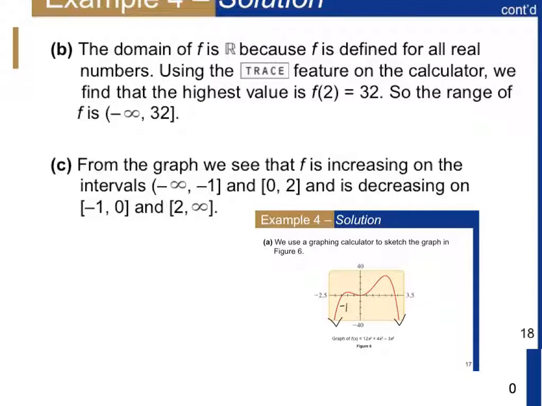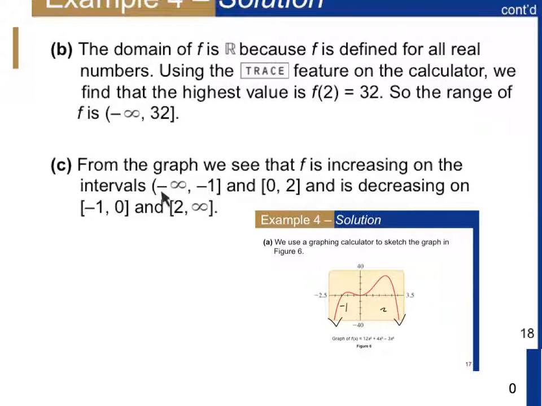So I'll put the 2 there. There's 2 there. So you can see it's increasing as we go from 0 to 2 on x. That function is going up. And then it's decreasing again as we go from 2 to infinity. So now it just keeps going down as we go from 2 to infinity on x.